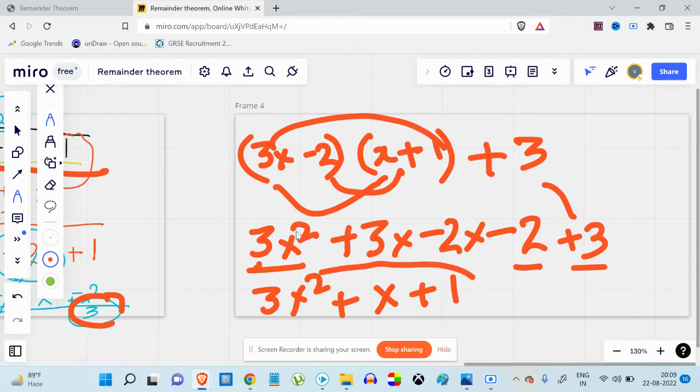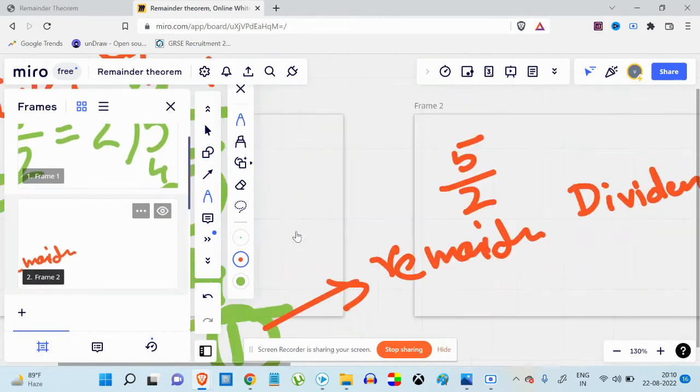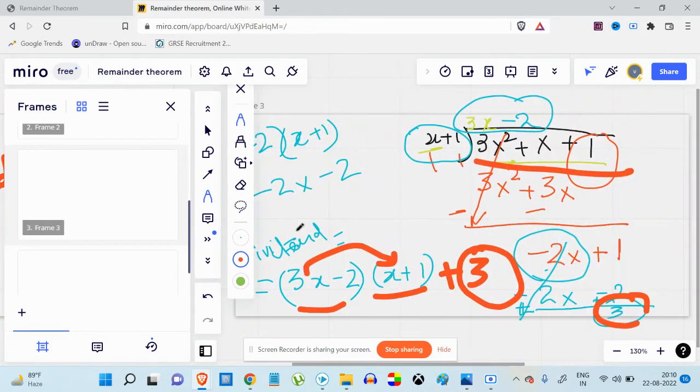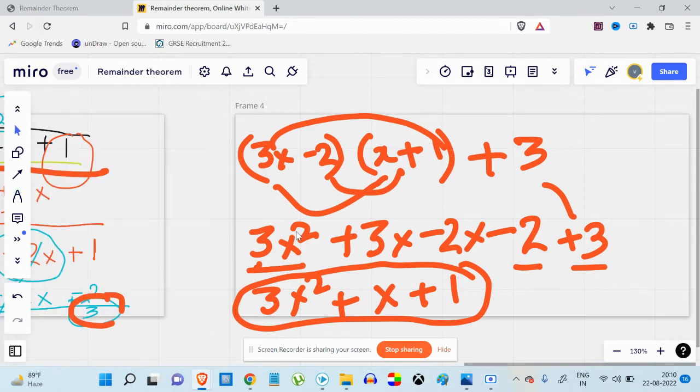This is nothing but what we were trying to divide. See here, go back to the frame: 3x square plus x plus 1, 3x square plus x plus 1. This is nothing but the remainder theorem. I hope you got the clarity.